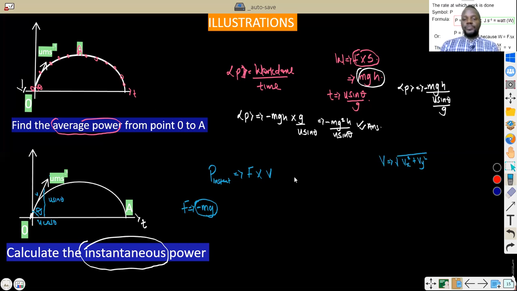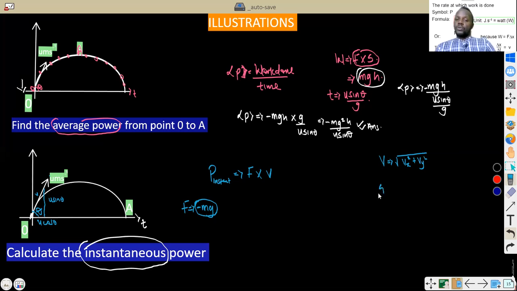Now, directly, what you need to do from here is, I've resolved the velocity along the x-axis. It is moving and it is not being retarded by any form of gravity. But along this, we have gravity. If you want to go by that, do you remember the speed equation formula?